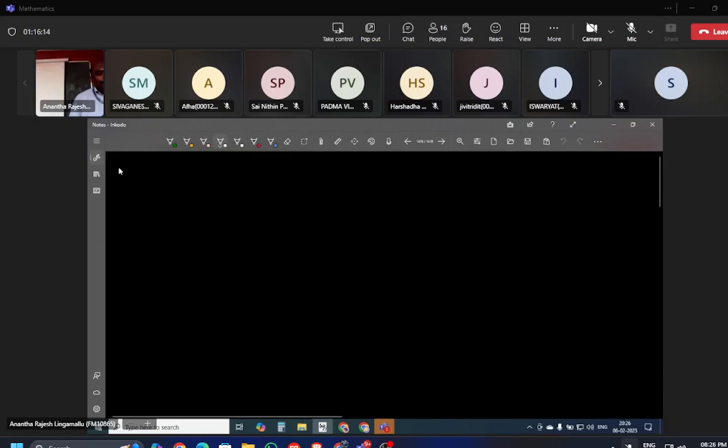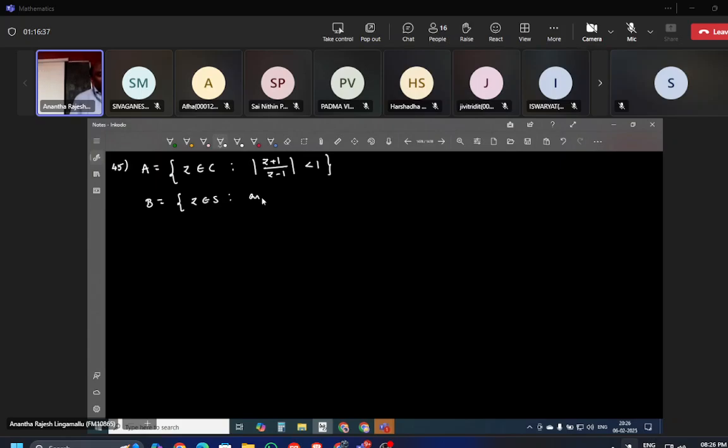45. All of you look at this problem. Let capital A be a set whose elements are complex numbers z such that the modulus of z plus 1 by z minus 1 is always less than 1, and set B is also a set of complex numbers such that the argument of z minus 1 by z plus 1 is equal to 2 pi by 3.